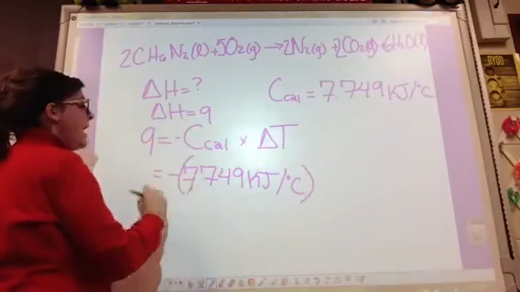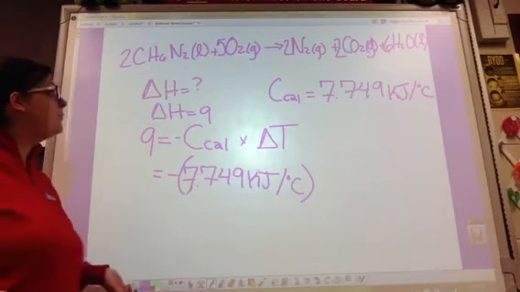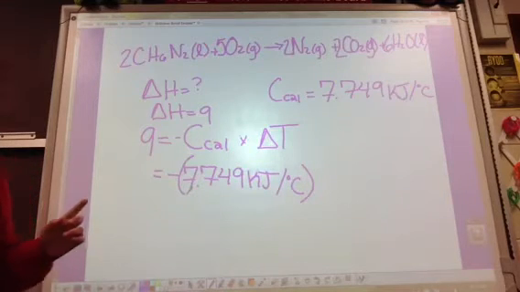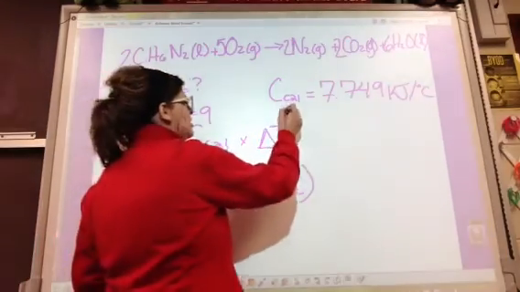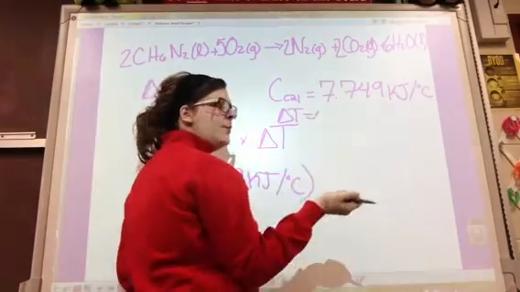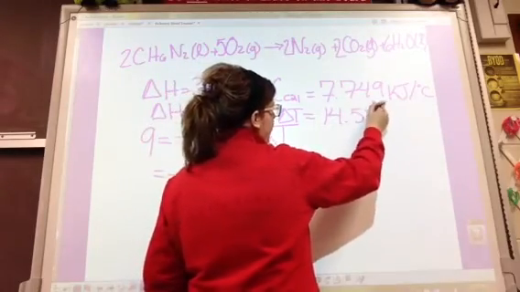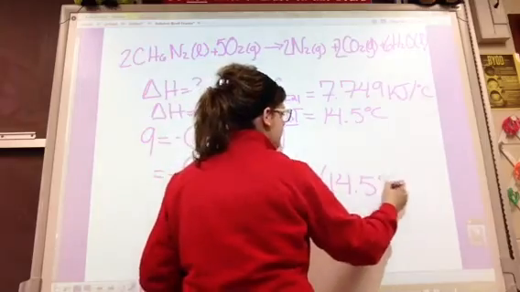And then I want to multiply it by the change in temperature, which should be final minus initial. We initially started off at 25 degrees Celsius, and our final was 39.5 degrees Celsius. So our change in temperature is 39.5 minus 25, which is 14.5 degrees Celsius. Let's plug that in for our change in temperature.